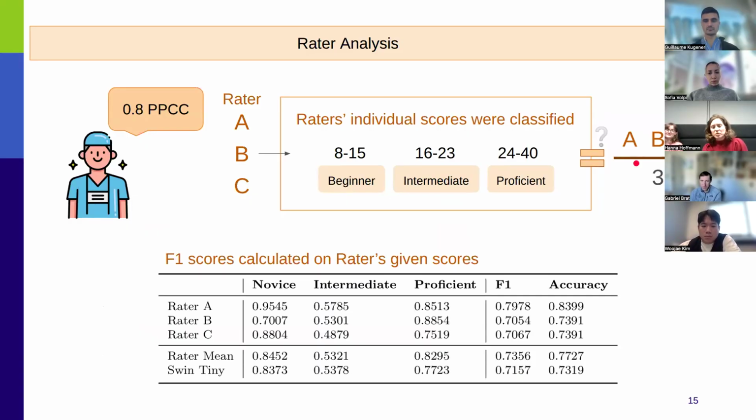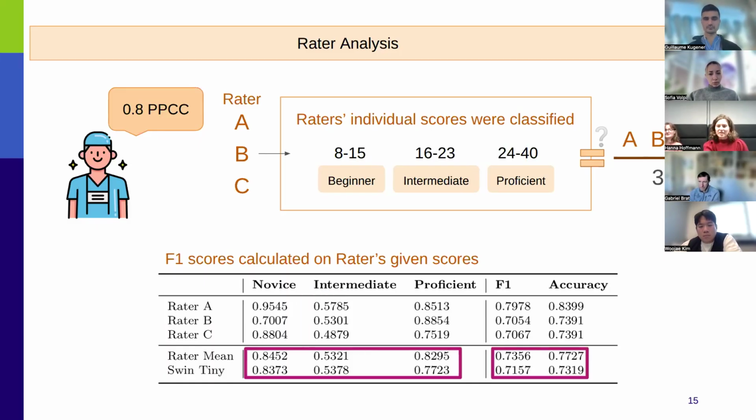This was also in the paper, but I wanted to really go into the details of this table because, like Isabel just said, this dip in the intermediate class is also the same thing for the raters. It's not just the models that have difficulty identifying this, it really comes from the nature of the study, but also from the fact that it's difficult for the raters themselves to find the nuance between intermediate, or intermediate and proficient.